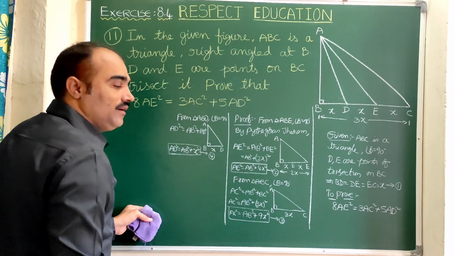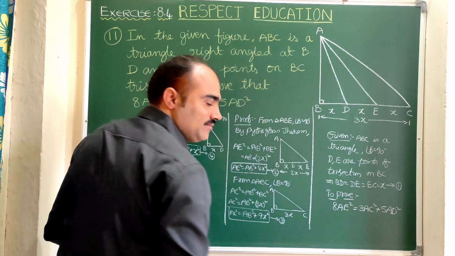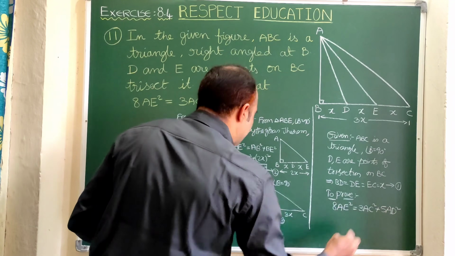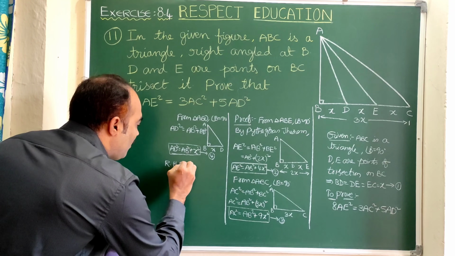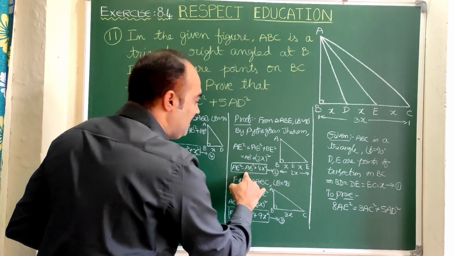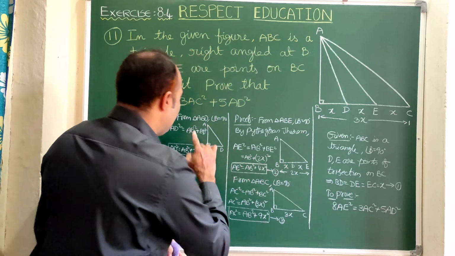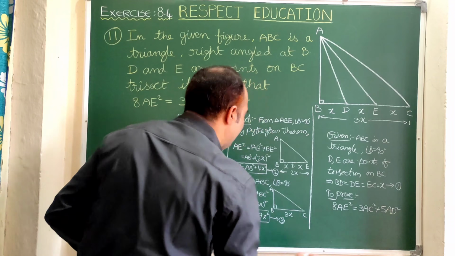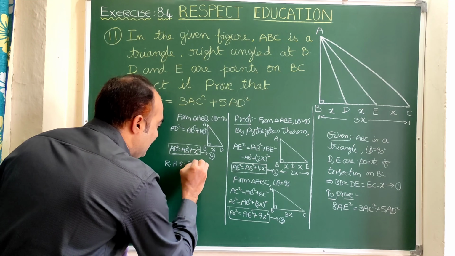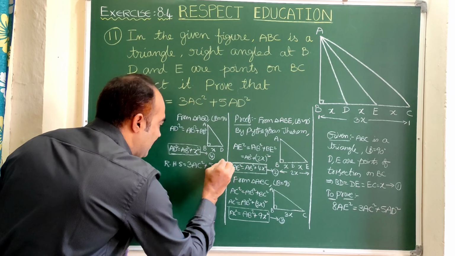Right. Now let us consider either LHS or RHS. Here I am taking RHS because all the values are ready. AE square is ready, same way AC square is also ready, and AD square is also ready. Now I am taking RHS, means 3 AC square plus 5 AD square.